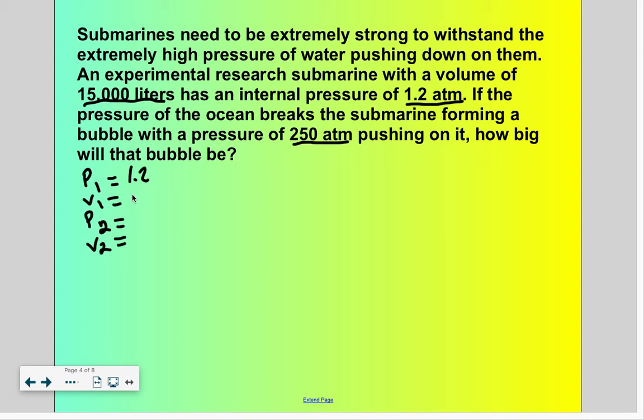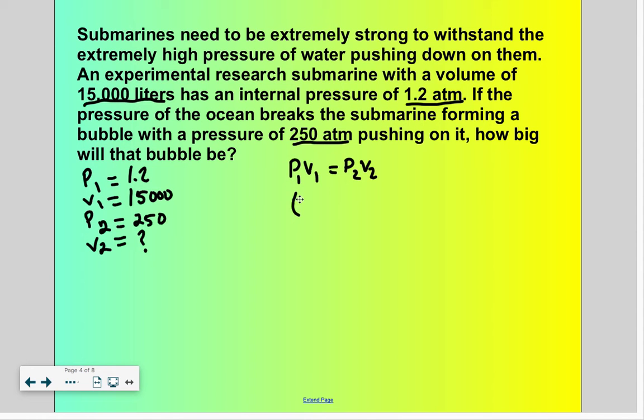I'll leave off the units this time. V1 is 15,000. P2 is 250. And V2 is our question mark. So remember, Boyle's law is P1, V1, so they're beside each other, and P2, V2, and there's a multiplication between those. So pressure 1 is given as 1.2.